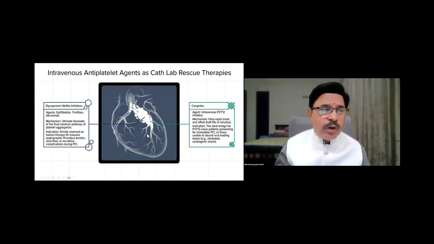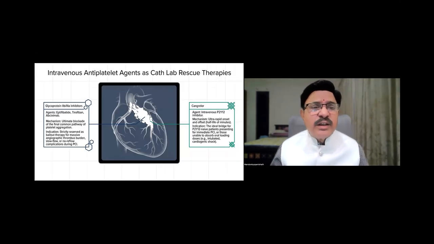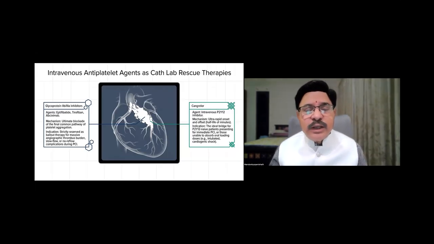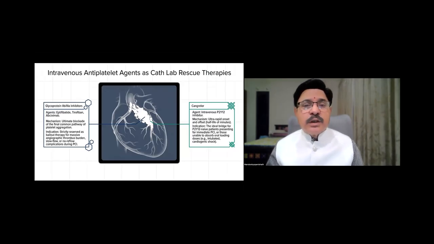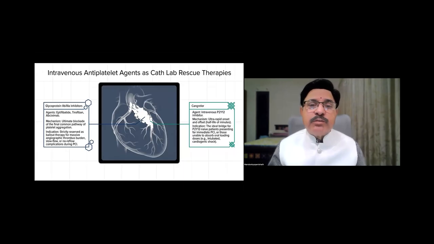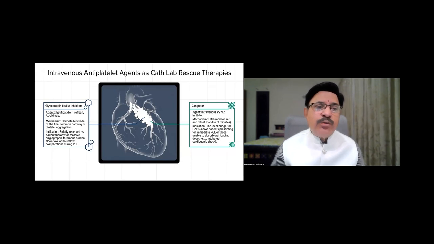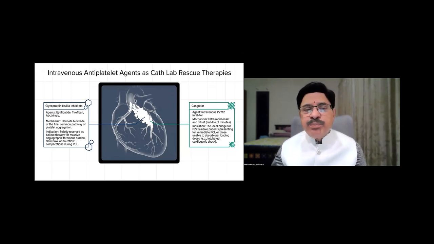There is one more drug we know, that is the intravenous glycoprotein 2B3A inhibitors. These are also final common pathway platelet activity blockers. 3 drugs are there: eptifibatide, tirofiban, abciximab.